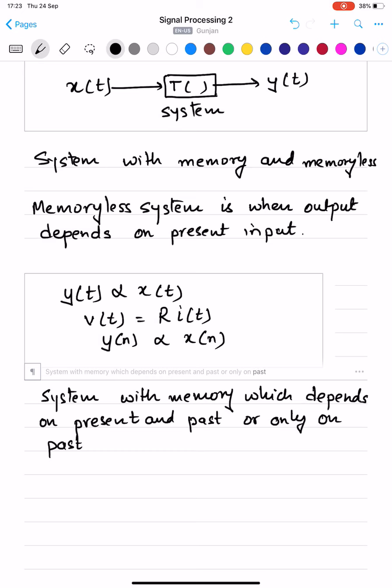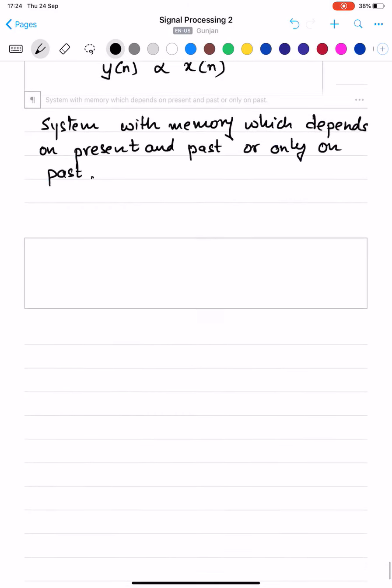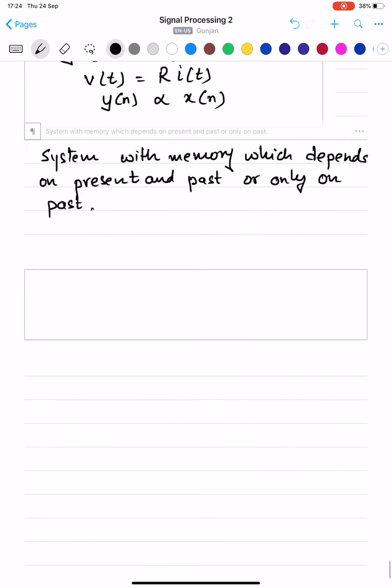Means the system can be a combination of input which depends upon past and present both, or not one of them, only on past. Then it is a system with memory.